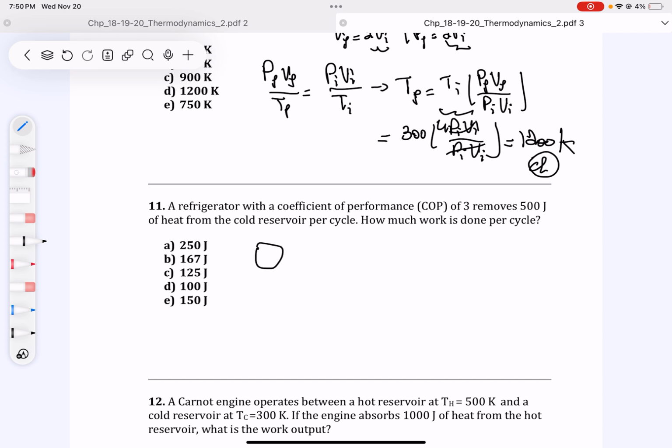Okay, let's just remember. What's the concept of a refrigerator? Here we have QC, okay. We put work in to get QH. In a refrigerator, we benefit from this, that it's cooled down.